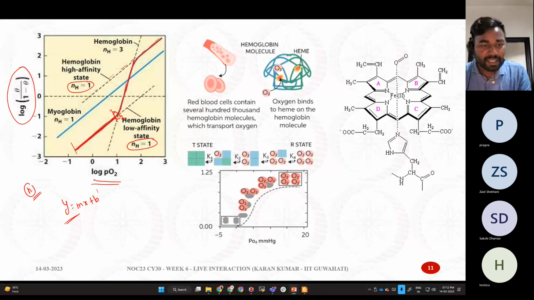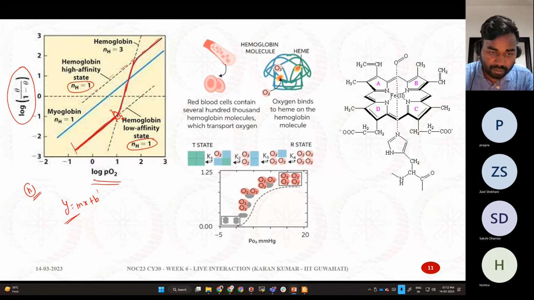Why is it important? Because, as you know, oxygen is only bound to the hemoglobin when there is a higher oxygen concentration present in the environment. So when one oxygen is bound to it, then it will facilitate.